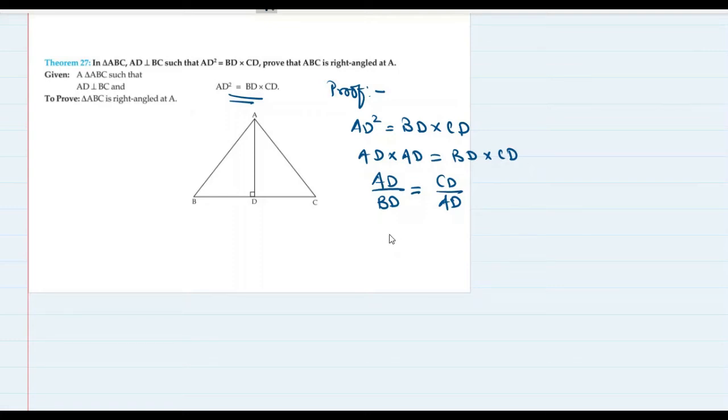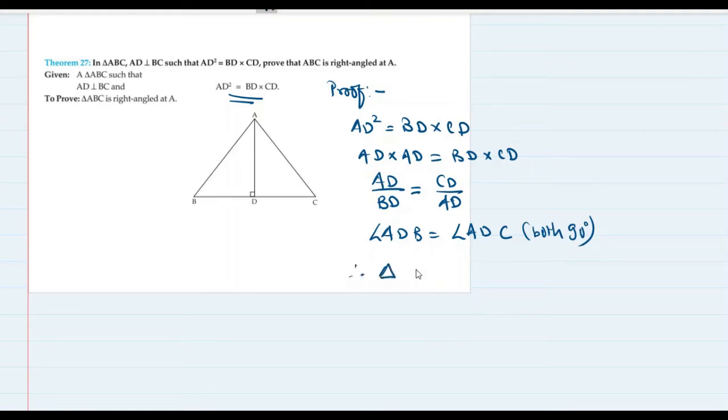And I'm going to write angle ADB is equal to angle ADC. Both 90 degrees. Then what am I going to write? See very carefully.